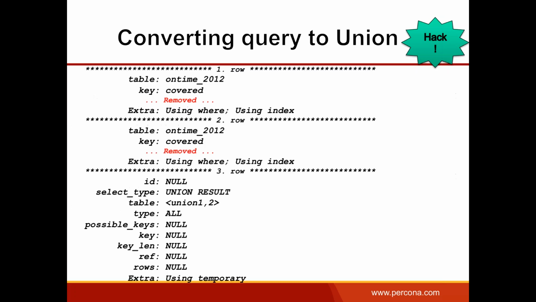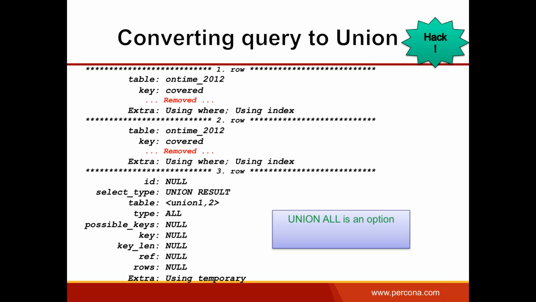So here's how it works. It uses a covered index, and we see there is no temporary table and no file sort on each individual query inside of the union. Now, to satisfy the result set, union will have to create a very small temporary table, but usually it's not an issue.